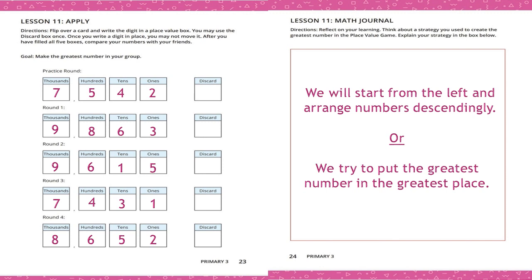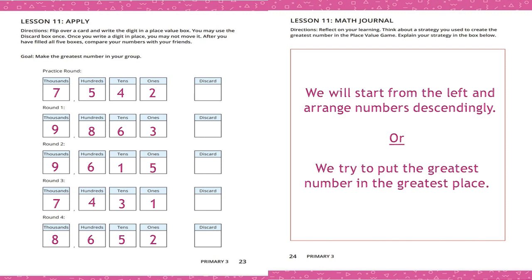The fourth 4 cards I picked 4, 3, 7, 1. I will make the greatest number from them. So the greatest will be 7,431. The last one I picked 6, 5, 2, 8. Then the greatest number is 8,652.